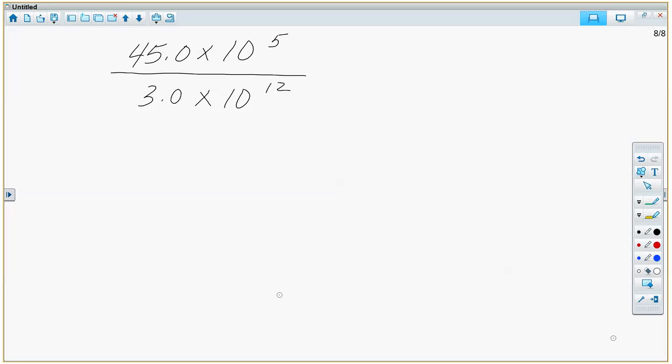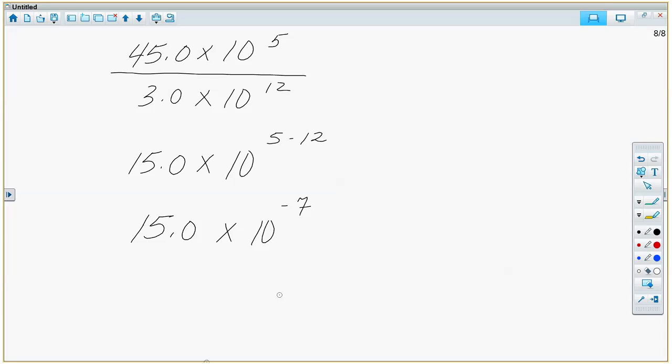What's 45 divided by 3? 15. And 5 minus 12, so 15. I'm doing it for a reason this way. Times 10. What's 5 minus 12? -7.